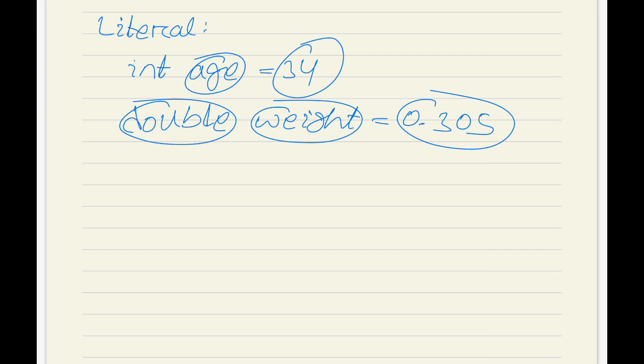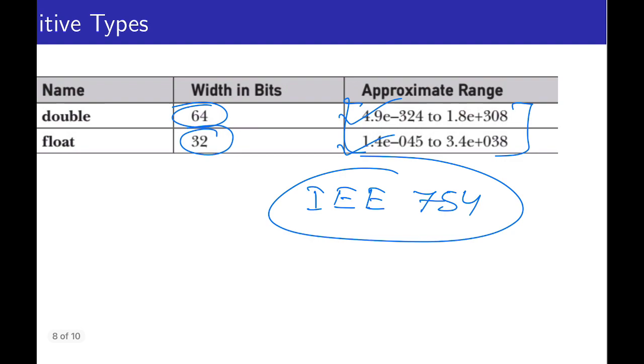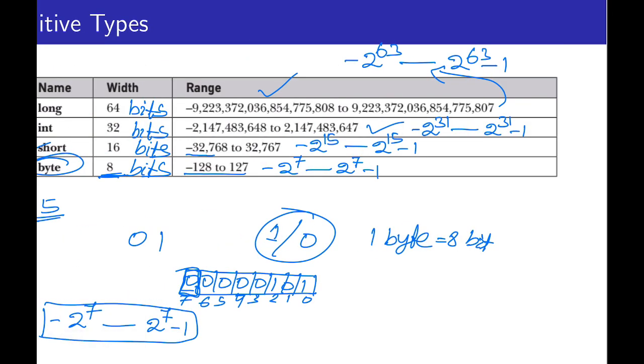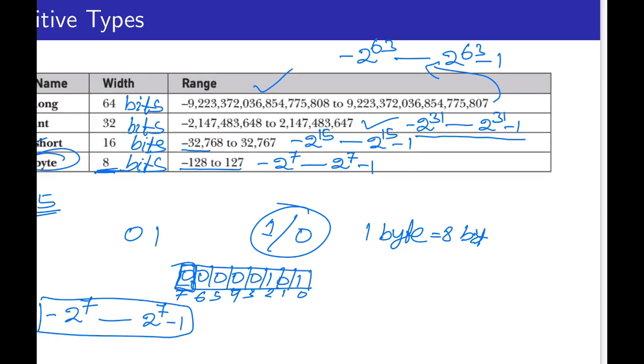An integer literal is assumed to be of type int, whose value is between minus 2 to the power 31 and 2 to the power 31 minus 1, like we have discussed just before.